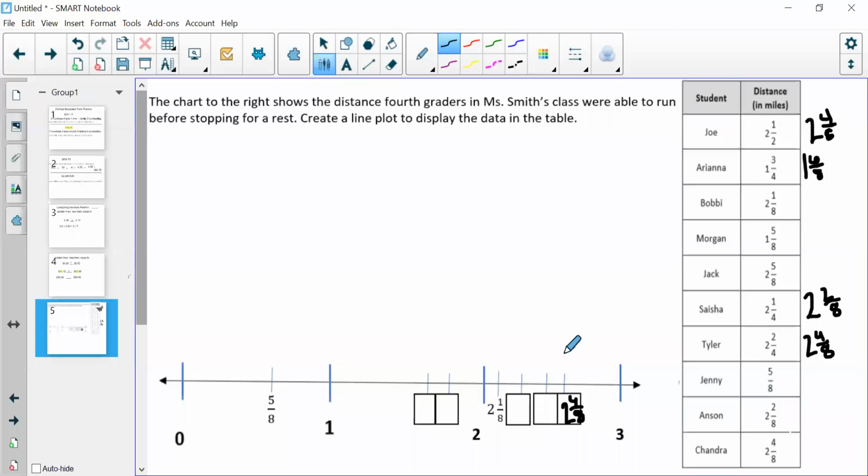Okay, so this is Joe. So we're going to mark a little X right above Joe. And then we're going to check off Joe because we've done that already.